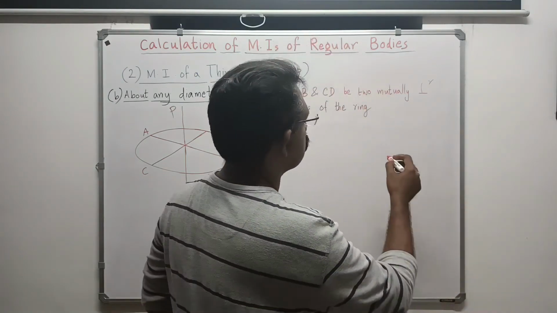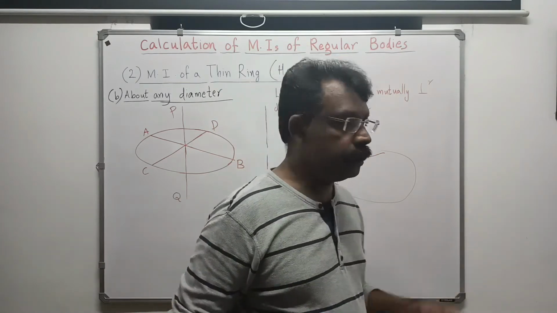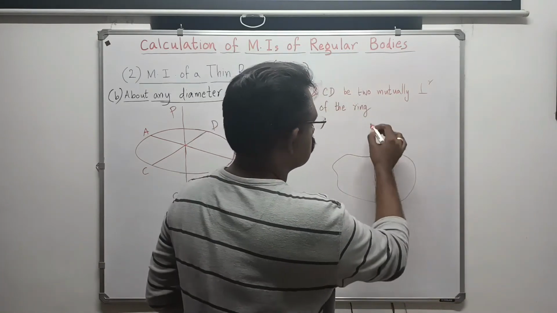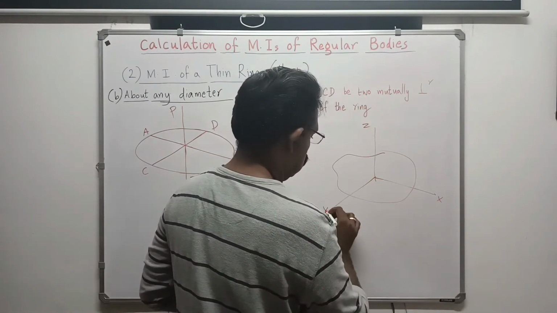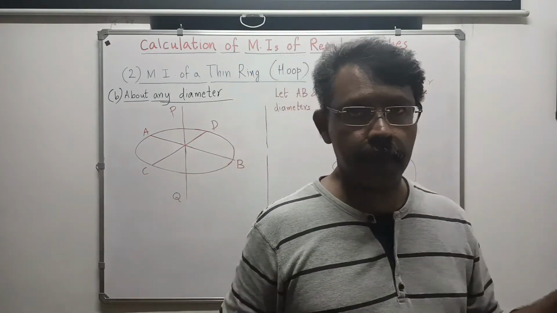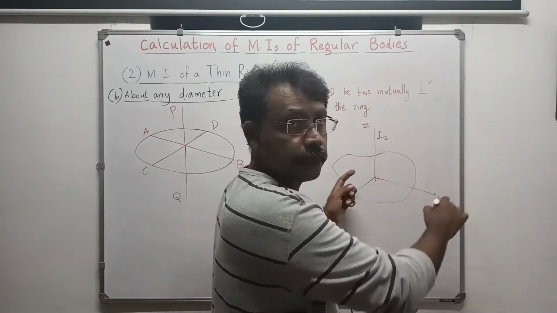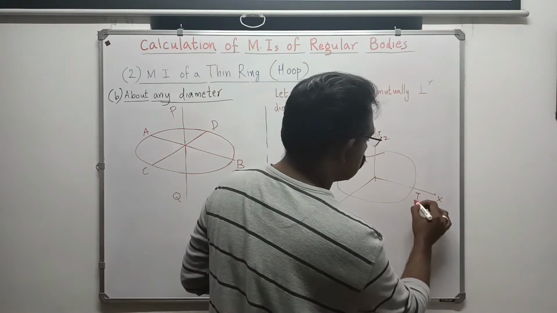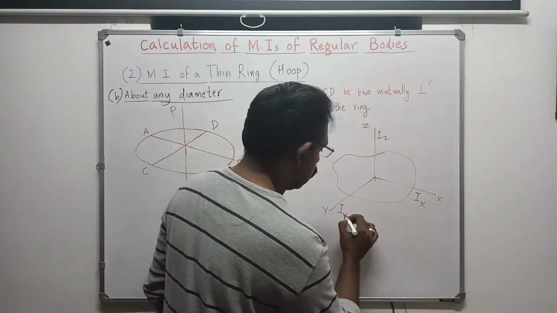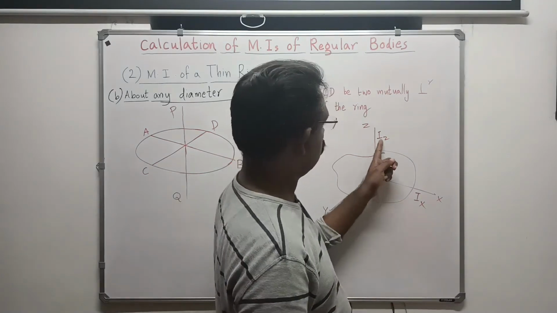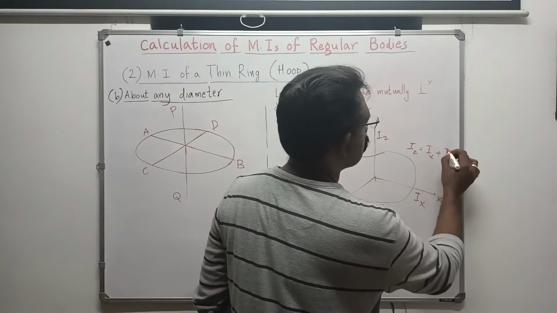If I have a lamina like this, just for recollecting what we have already done, we have a z axis here, x, y. So these are all mutually perpendicular axes. If the moment of inertia of this body about this axis is Iz, about this axis is Ix, about this axis is Iy, I can write Iz to be Ix plus Iy.